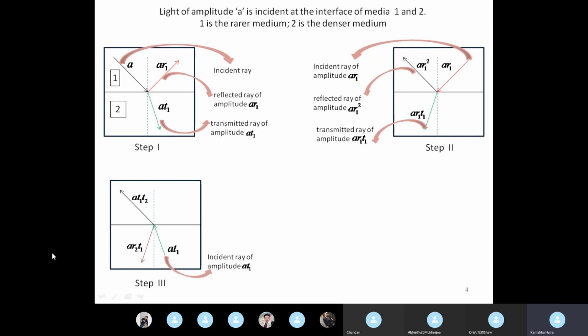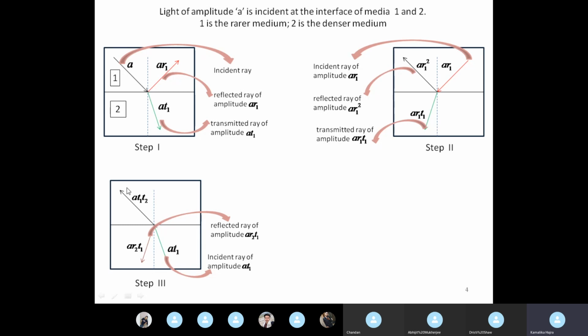Again, part of it will be reflected into medium 2 and part of it will be transmitted into medium 1. What part of it will be reflected to medium 2? Now decided by reflection coefficient 2, because now reflection is taking place in medium 2. Original amplitude AT1, so R2 fraction of AT1 will be reflected. So the new amplitude of the reflected ray is AR2 T1.